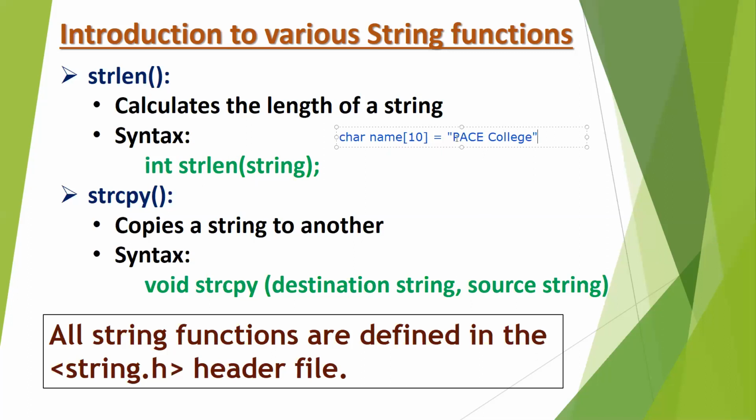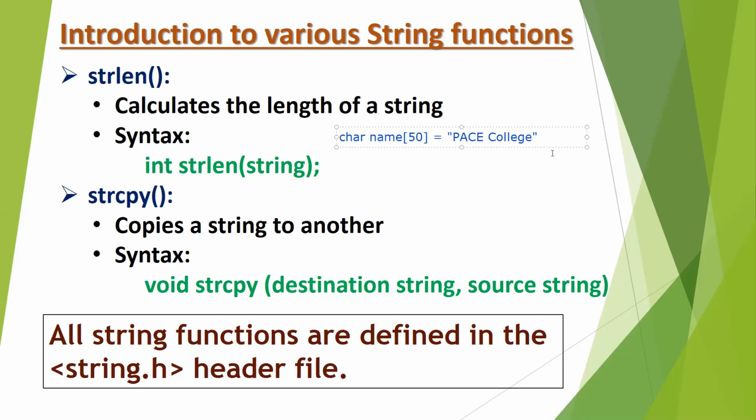So it consists of 12 characters. If I give only 10, it will remove the last two characters; it will not store the last two characters. So try to give the maximum number of allocations.